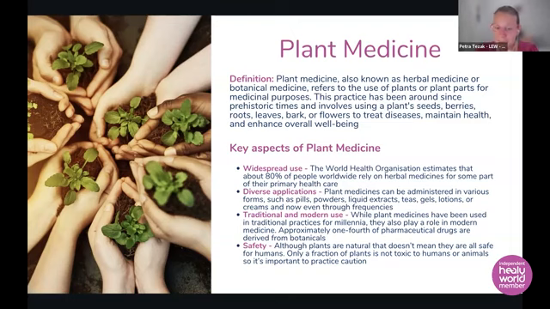When we look at plant medicine, plants have been used in traditional practices for millennia. Indigenous people have used them, they have sacred plants, specific plants for certain things, and they know the stories of them. They also play a huge role in modern medicine. I don't know if you know this, but approximately a quarter of pharmaceutical drugs, like aspirin, are derived from botanicals.